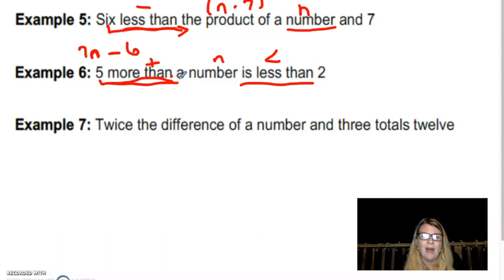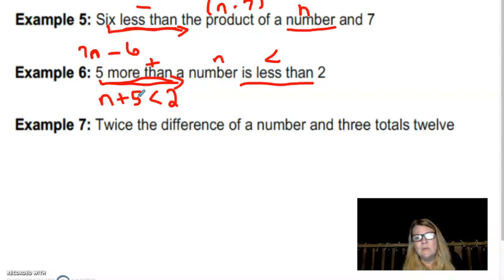That throws your 5 in behind the n. So 5 more than n. We have our n first, and the 5 goes behind the addition sign. And is less than is a less than symbol, 2.